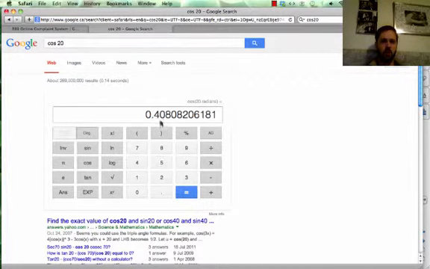So cos 20, oh, better do it again because I think that's in radians. There we go, cos 20 is 0.93969. Now we're going to multiply that by 110, and that would give us 103.366.